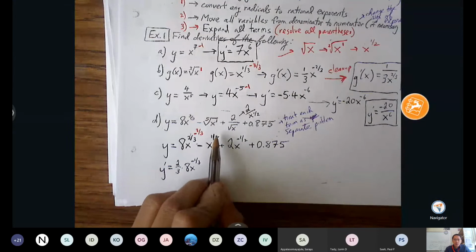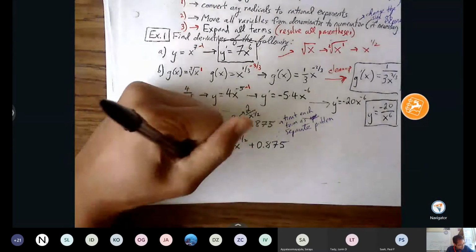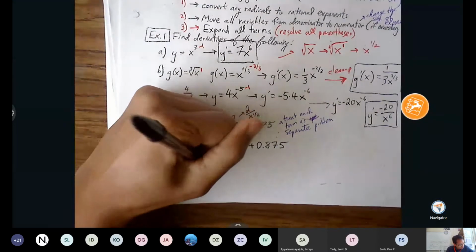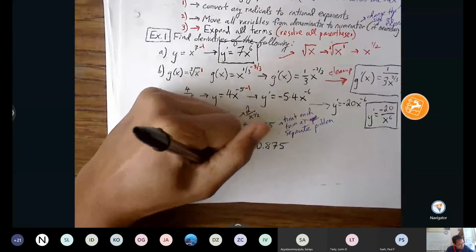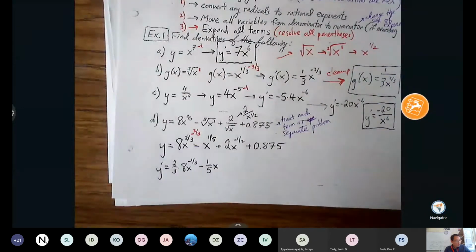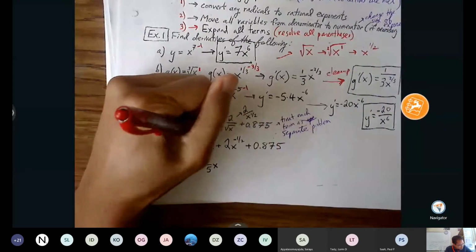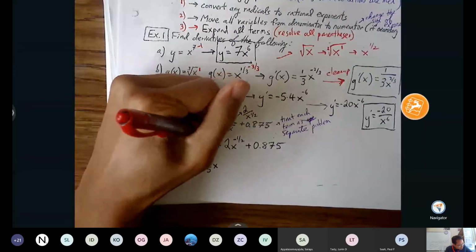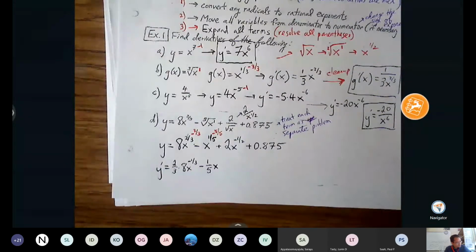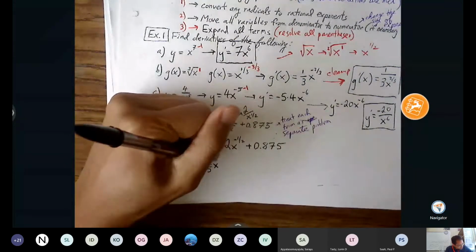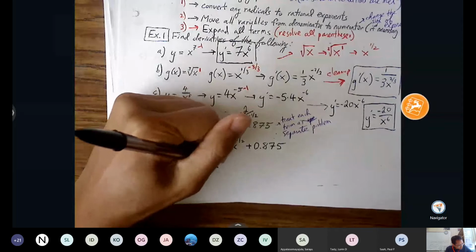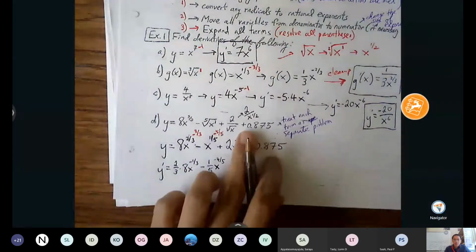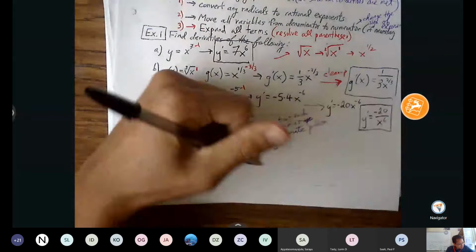Second term, bring the exponent down in front. Subtract 1 from the exponent. Bring the exponent down in front.